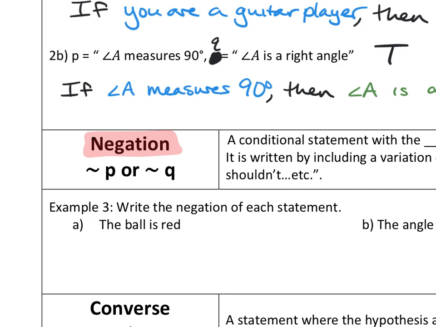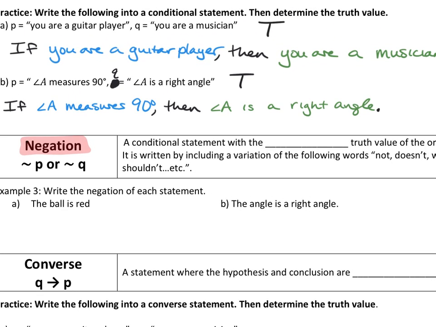A negation is a conditional statement with the opposite truth value. A negated conditional statement is written by including variations of the words not, isn't, doesn't, wouldn't, shouldn't. Any of the no words or contractions are going to be included in a negation.